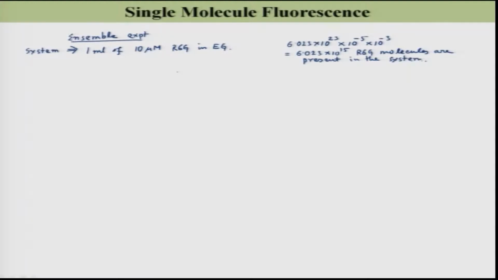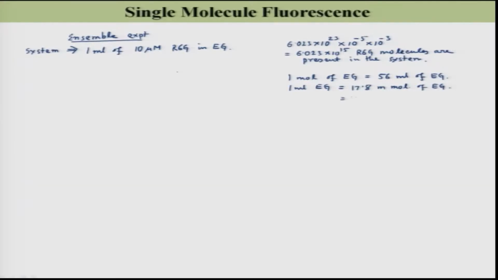How many ethylene glycol molecules? So, I know this, 1 mole of ethylene glycol is equal to 56 ml of ethylene glycol, that I know. So, 1 ml ethylene glycol is equal to just simply this, 17.8 millimole of ethylene glycol, right.